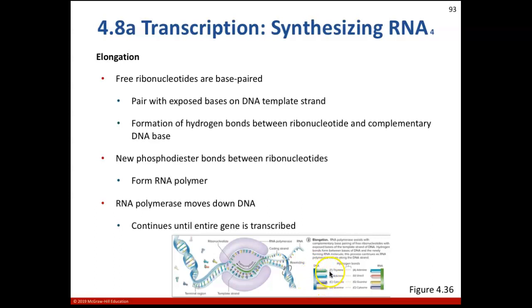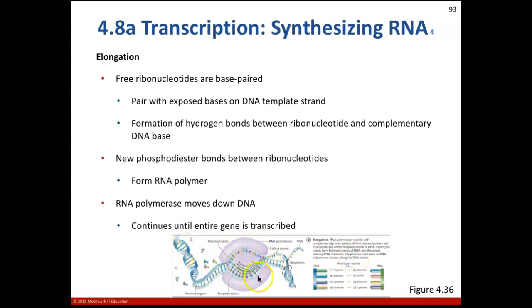So notice how here on the DNA we have thymine, but it is going to be paired with adenine over here on RNA. And we have adenine over here on DNA, and that is going to be paired with uracil on the RNA strand. And we see a new phosphodiester bond between the ribonucleotides, and this forms our RNA polymer.